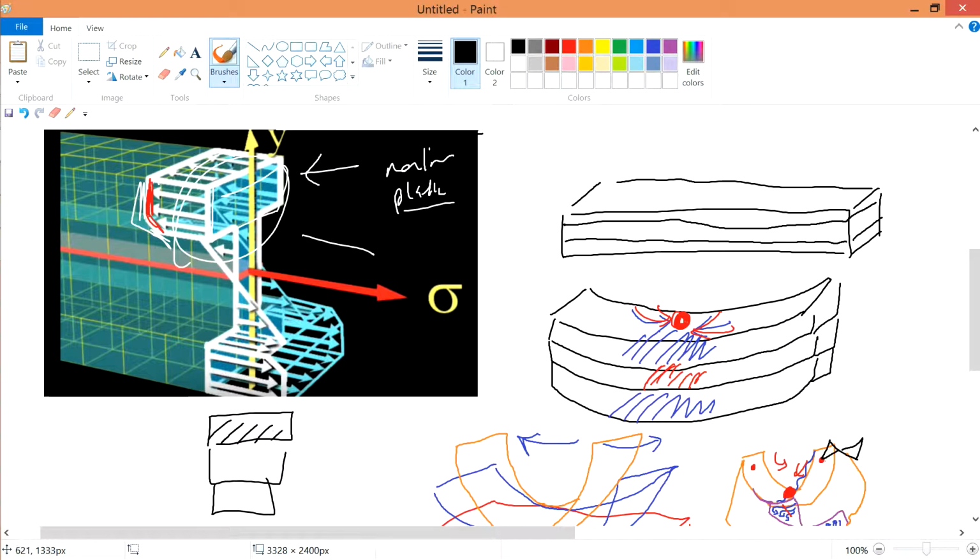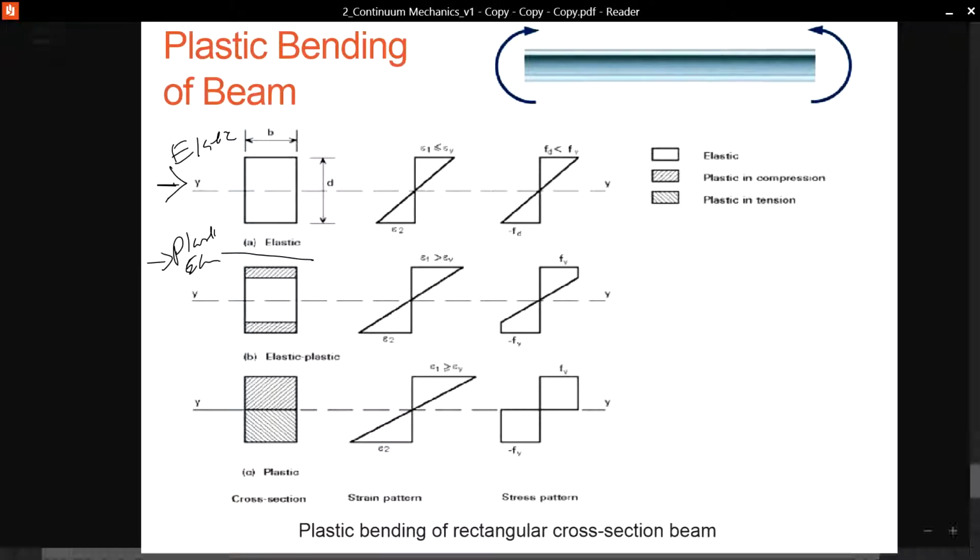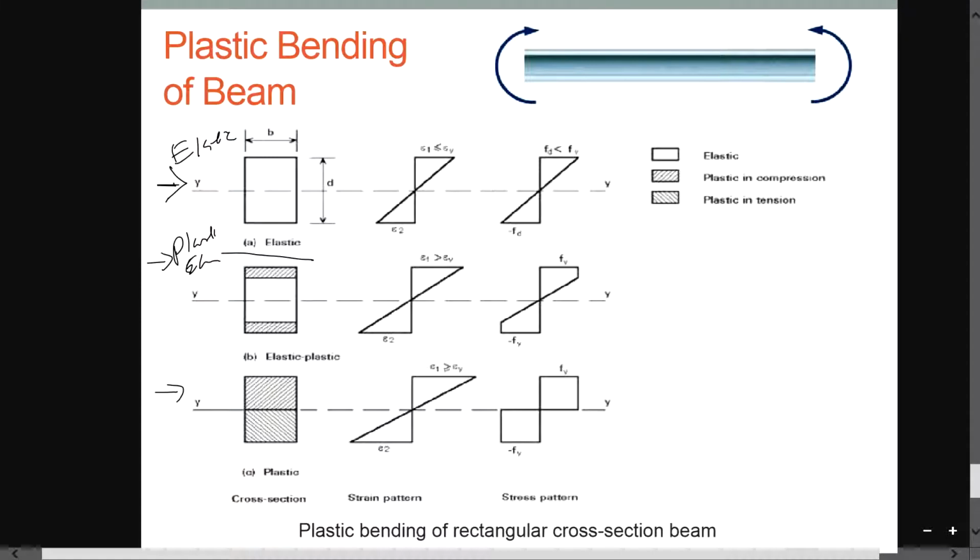This shaded part is all the plastic region, and these are all the elastic region. If you talk about fully plastic, where it reaches this point, then it has fully yielded.